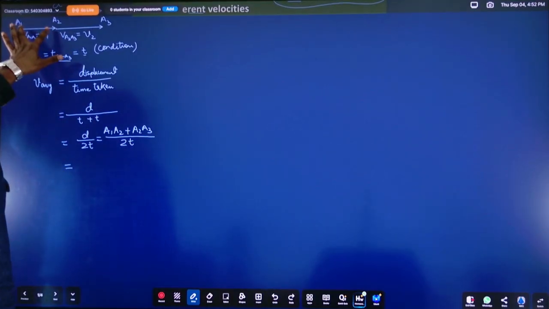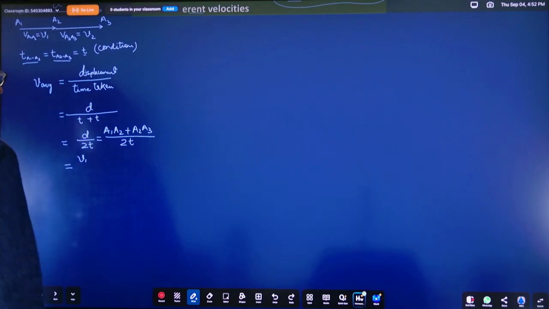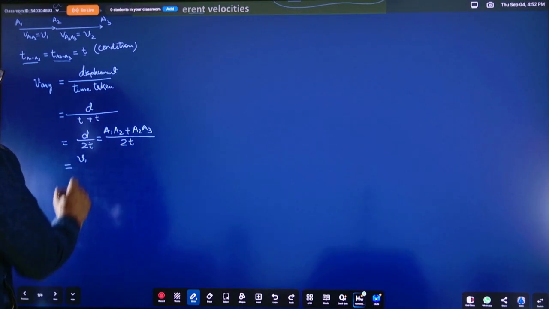But A1 A2 is V1, the magnitude of the velocity between A1 and A2.